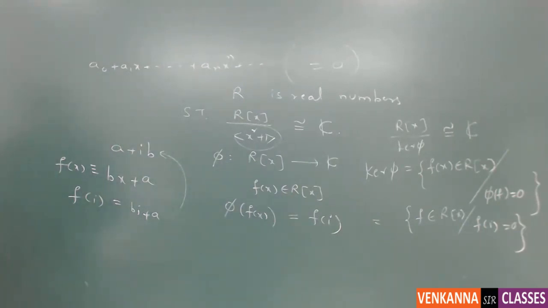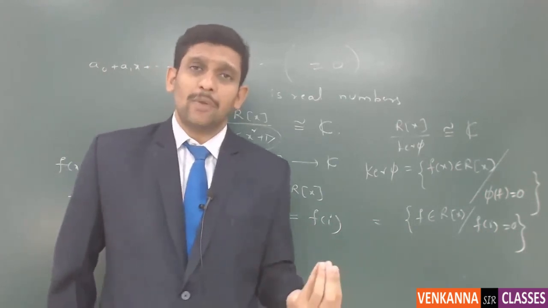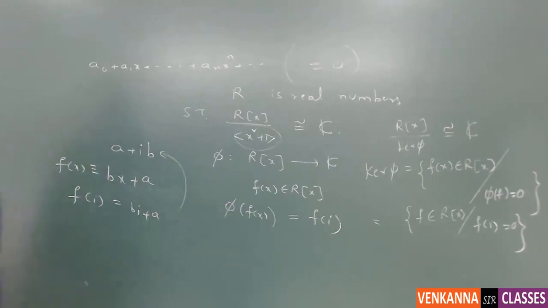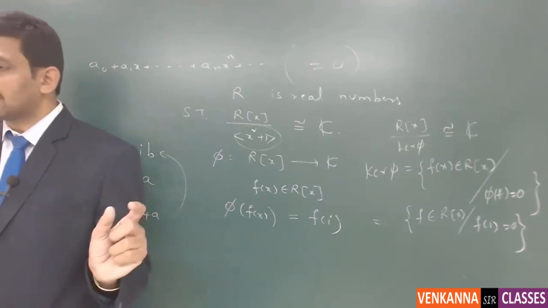If the kernel should not have first degree polynomials, then the possibility is that it will contain polynomials of degree 2 and higher, because R of x contains polynomials of all possible degrees. Isn't it? Are you getting the context or not?